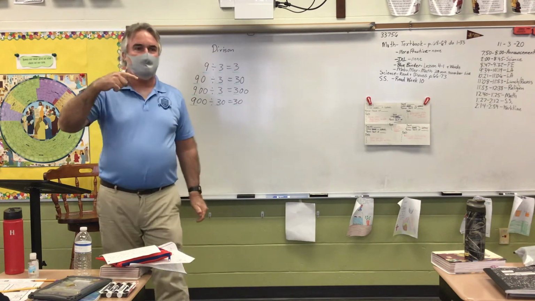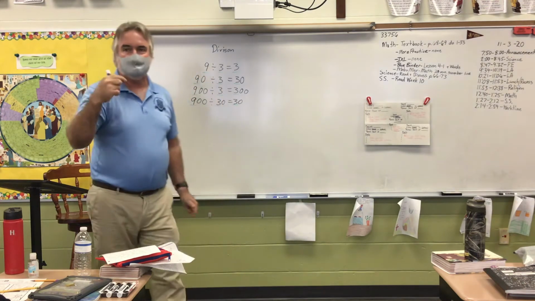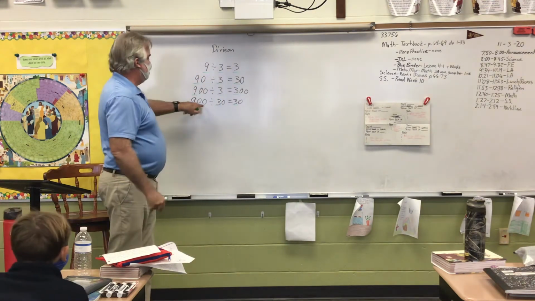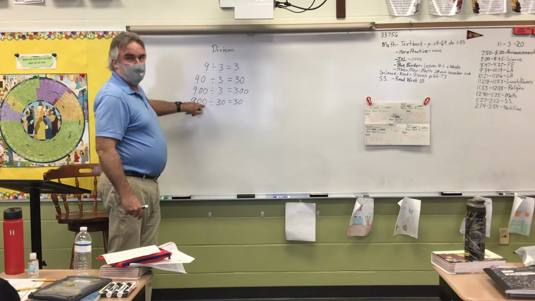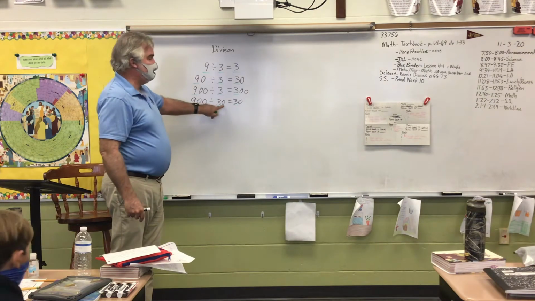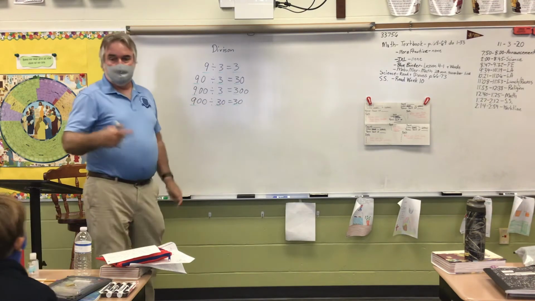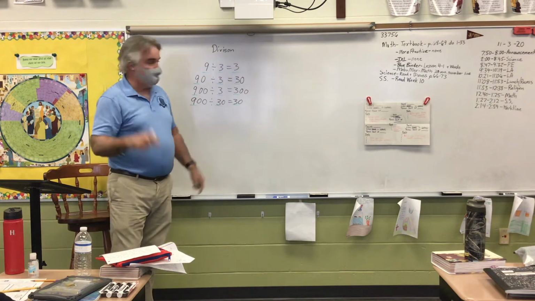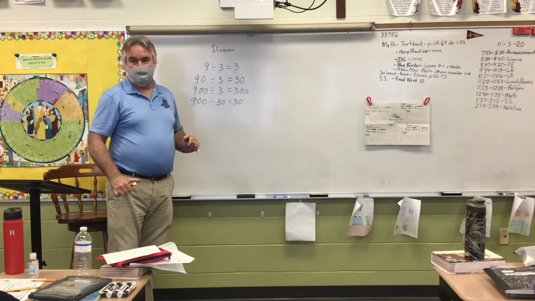It's different in division in that you are taking them away. You have 2 zeros here and 1 zero here. 2 minus 1, there's 1 left over.